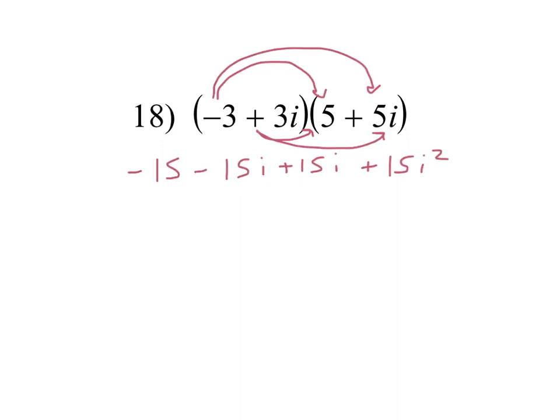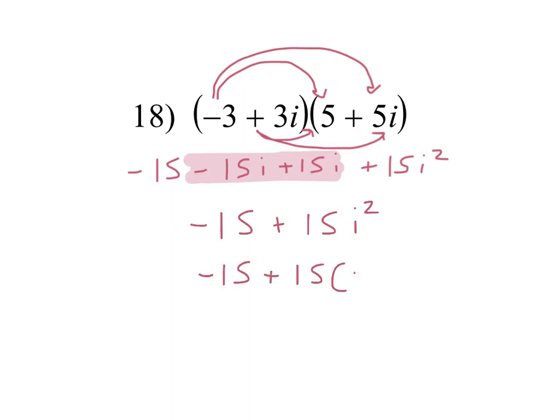We combine the two in the middle, the i's. What is negative 15i plus 15i? 0. So they cancel each other out. So you have negative 15 plus 15i squared. But you're going to make the i squared negative 1, so we make the i squared a negative 1 to get negative 15 minus 15, to give you negative 30. Perfect.